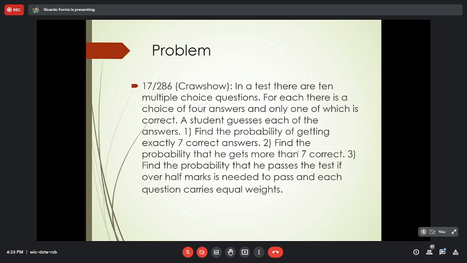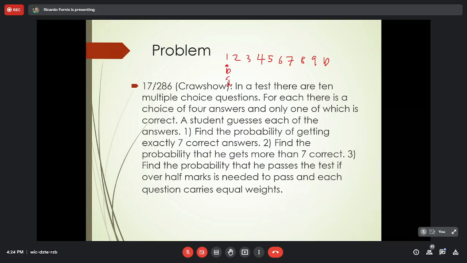Now, each question carries equal weights. Okay, so for number 1, since there are 10 numbers, we have 1, 2, 3, 4, and so on. And here you have the choices. Say A for number 1, A, B, C, D. There are 4, no?